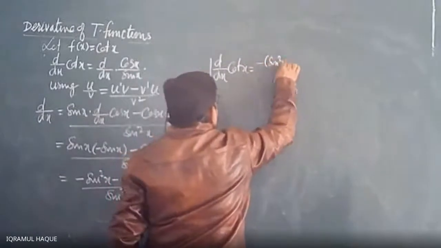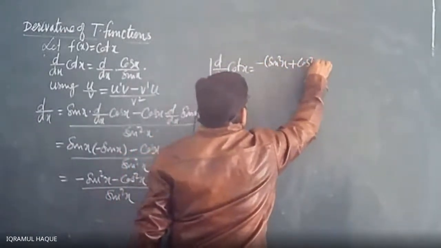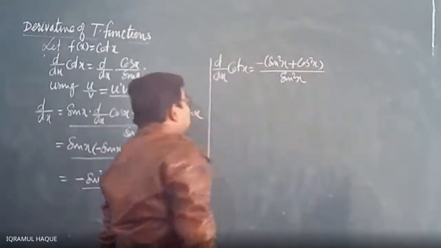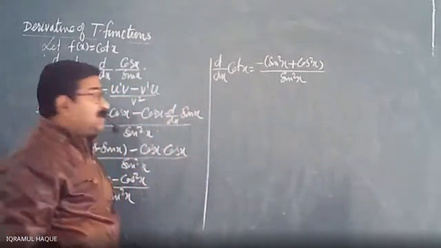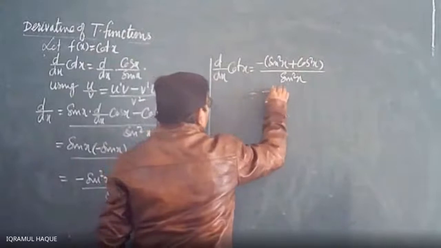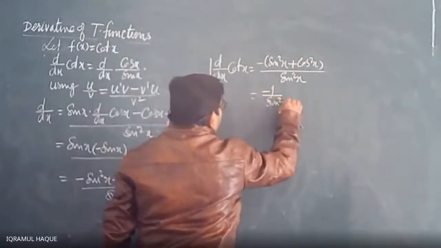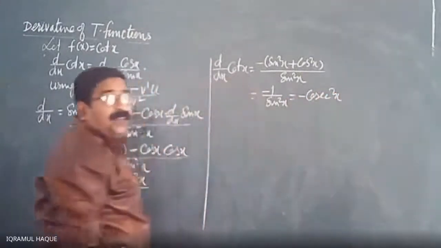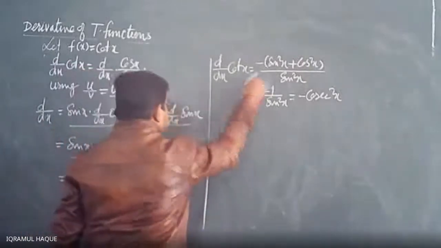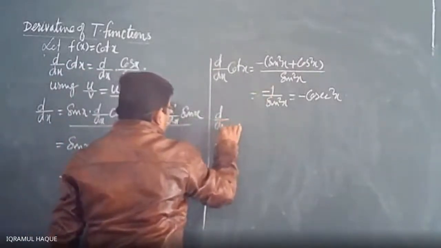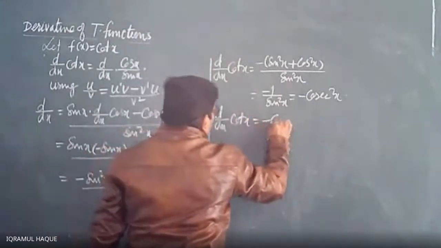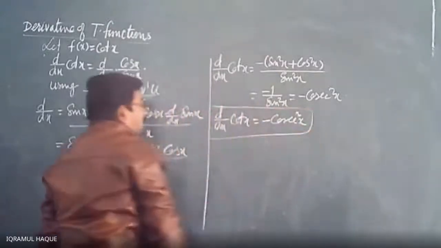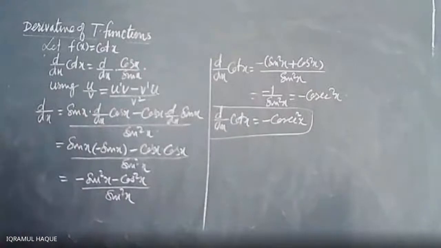We have sin square x plus cos square x upon sin square x, and sin square x plus cos square x is equal to 1. So we have minus 1 upon sin square x, which is minus cosec square x. So derivative of cot x means d of dx of cot x is equal to minus cosec square x. This is the formula. Note it.